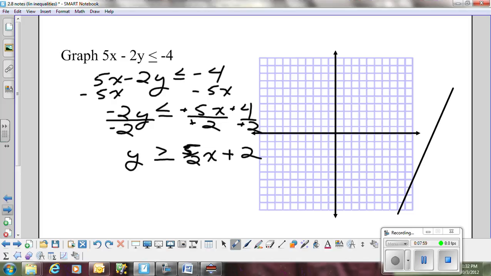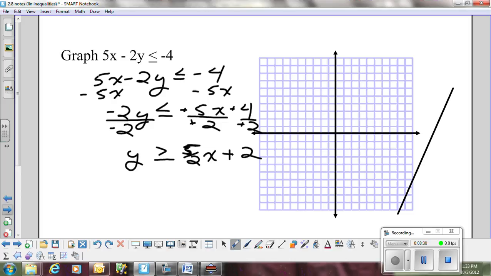I can't combine those two because one has a variable and one doesn't. But if I'm dividing, I can divide by anything as long as I do it to every single term in the inequality. You can do it even if it doesn't have a variable. Sure, why not?